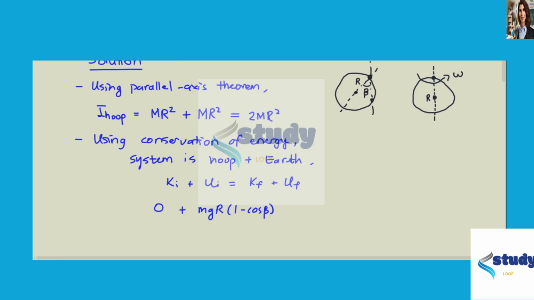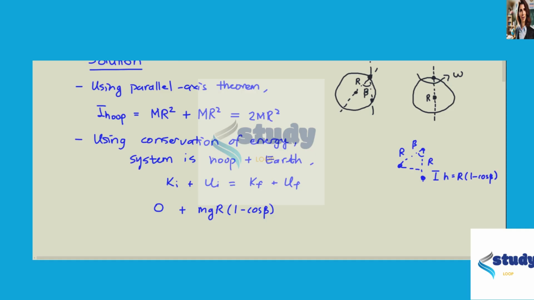How do I know that? Okay, this is r, this is also r, and then this is the angle beta, and so this change in height, this h here, is going to be r(1 minus cosine beta).